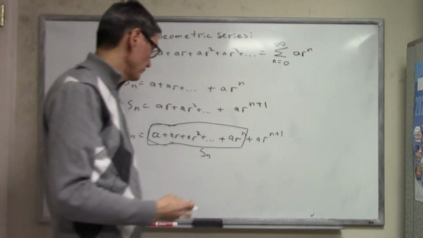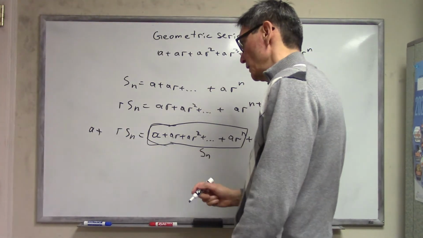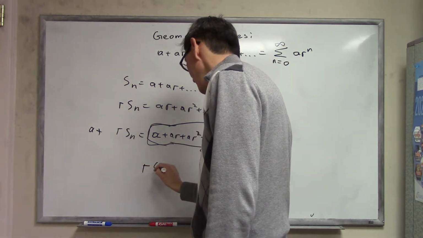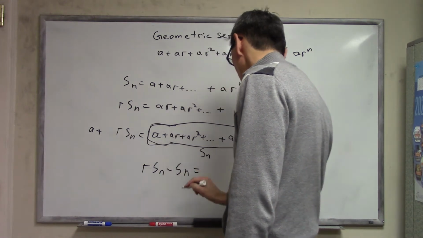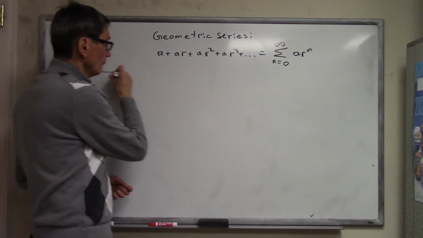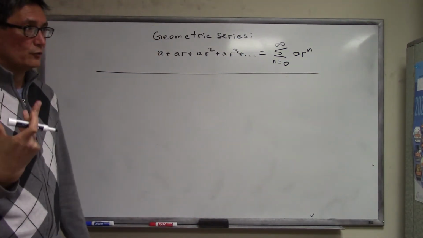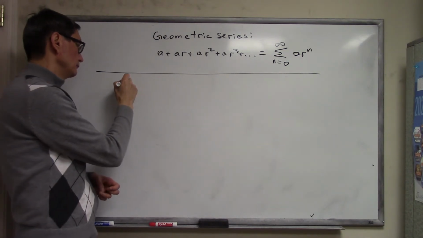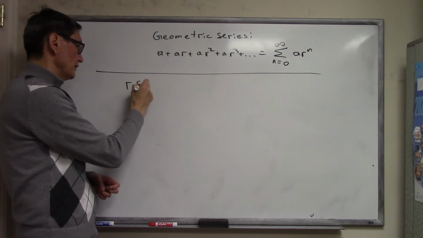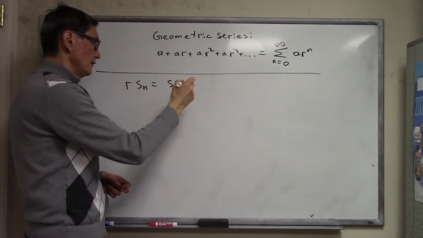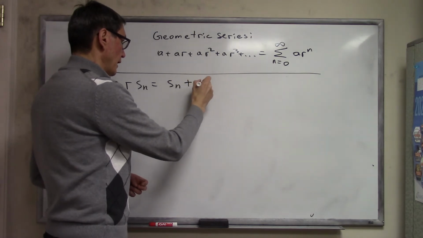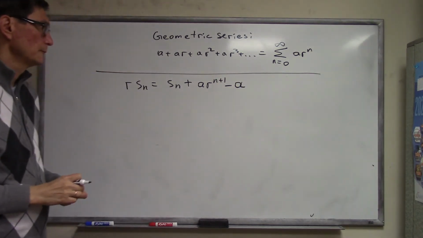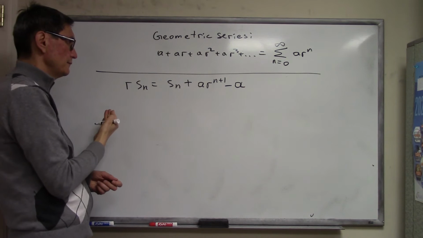So what we've got is the following. We can solve it now for Sn. Subtract Sn from both sides, subtract a from both sides. So we're going to get r Sn minus Sn equals a times r to the n plus 1 minus a.